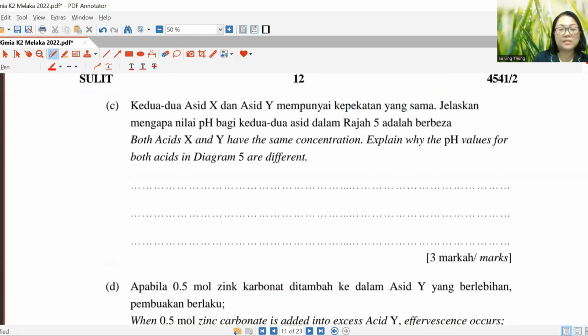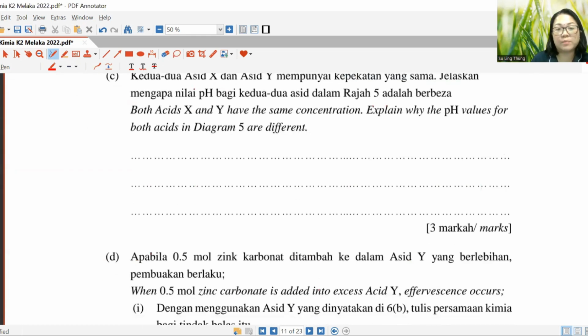Now, C. Both acids X and Y have the same concentration. Explain why the pH values for both acids are different.